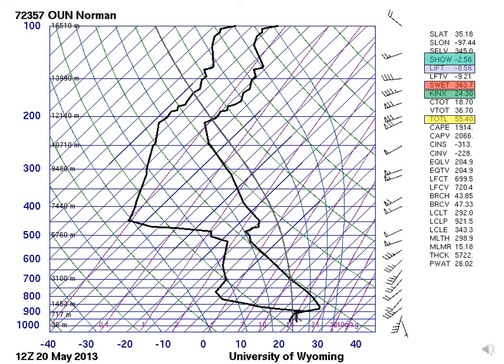So in the dark green, we have the K index of 24. We have a lifted index of minus 8.56, a Showalter index of minus 2.56, a SWEAT index of 363.7, and a total totals of 55.40.